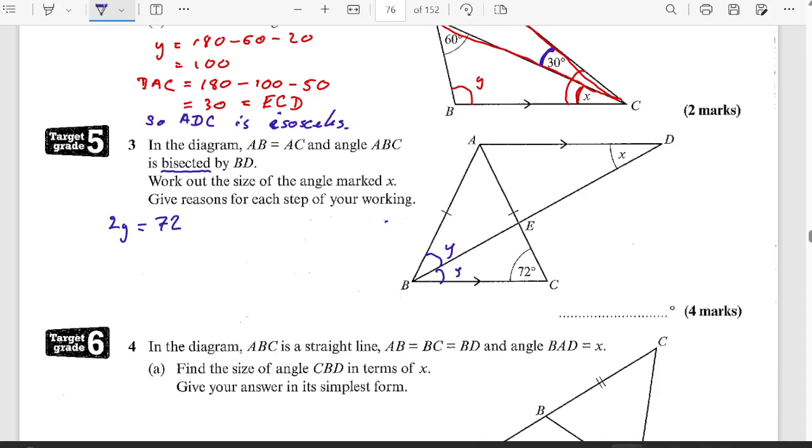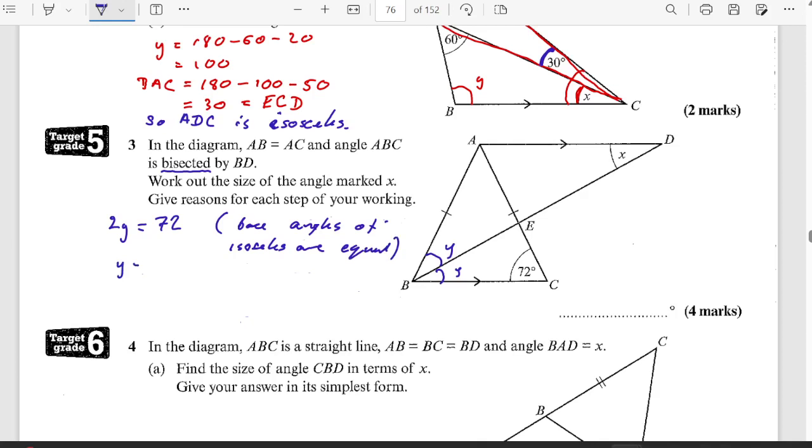So those two angles will be equal to that angle, and the reason is base angles of isosceles triangles are equal.